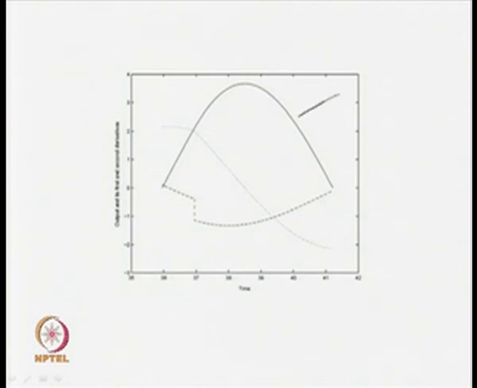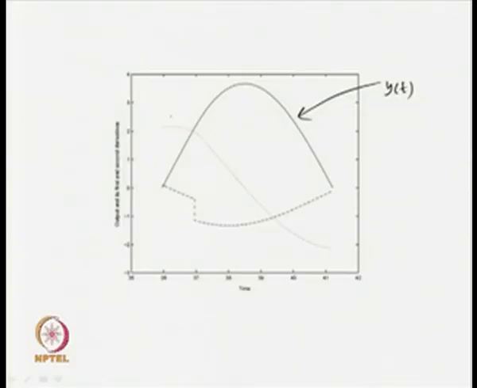The upper plot gives us the limit cycle or sustained oscillatory output y(t). Now, when the first derivative of the output signal is taken, we obtain this plot, which is dy(t)/dt, or y dot (t).